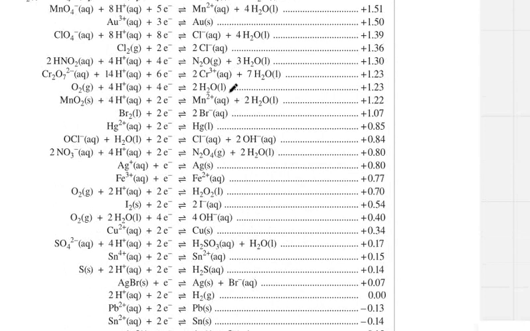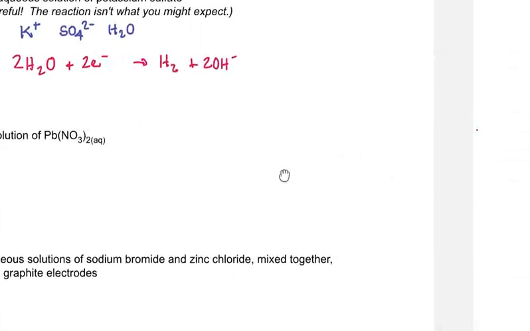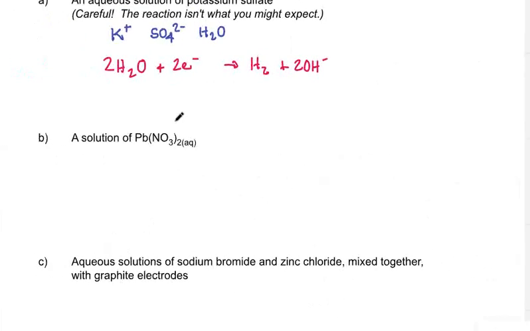K plus, sulfate, water, turning into oxygen and 4 hydrogen ions and 4 electrons.